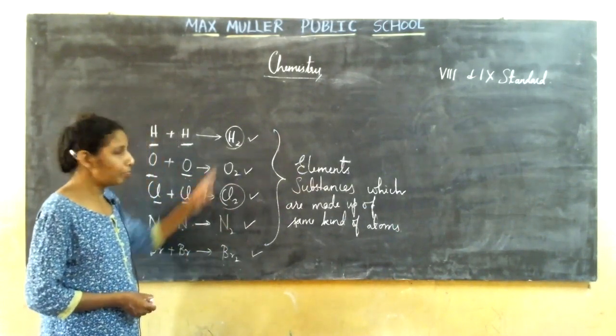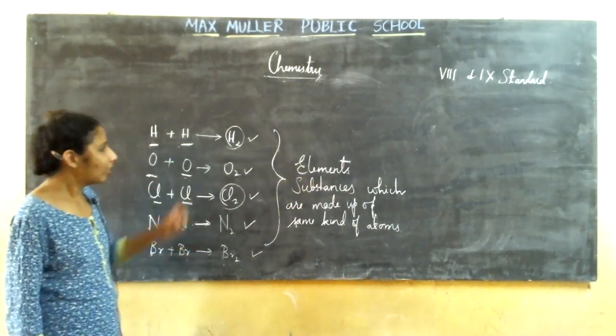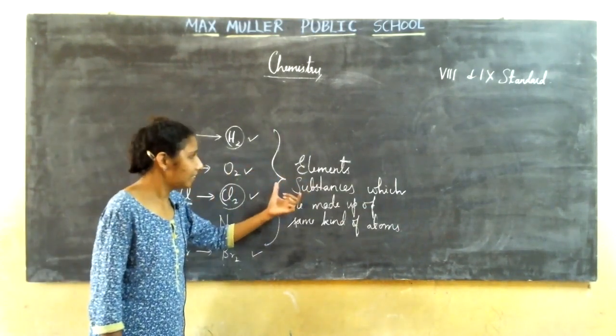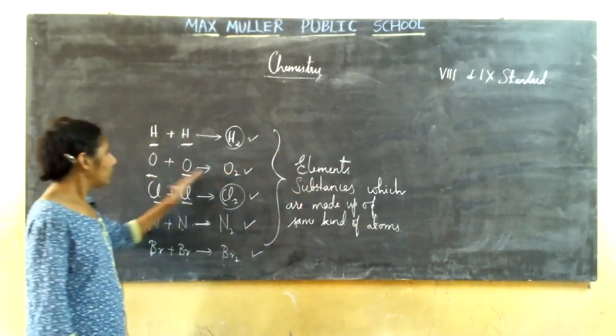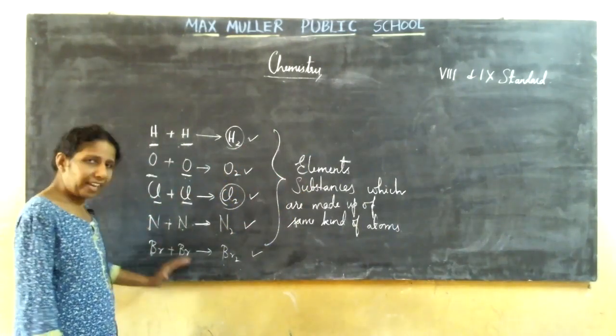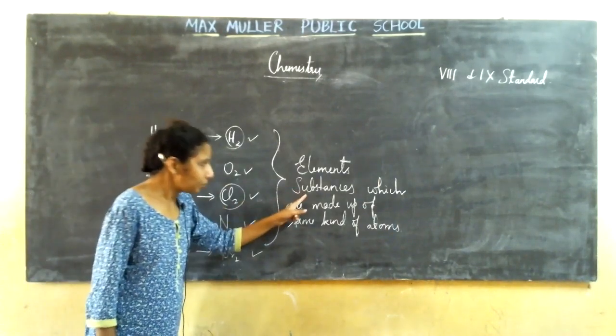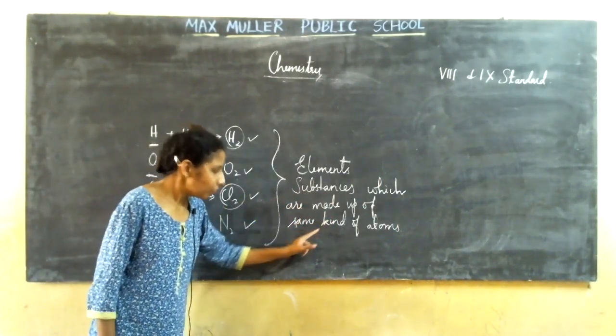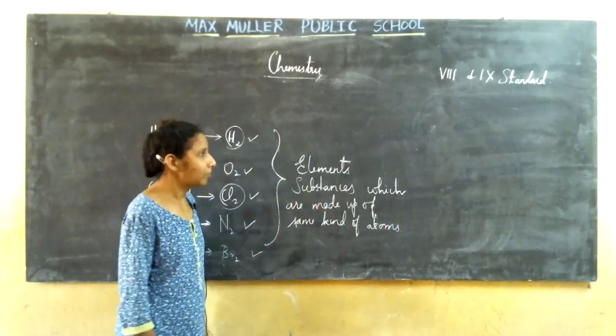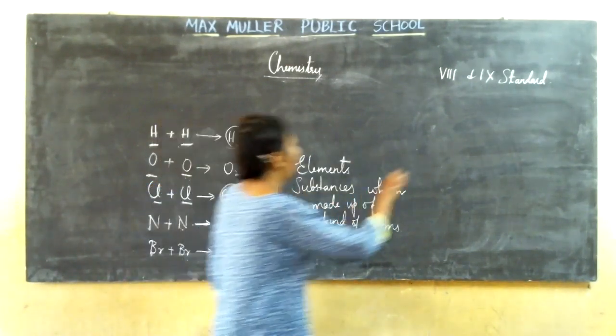They all are examples of elements. So what are elements? Elements are the substances which are made up of the same kinds of atoms. Did you people understand? Once again I repeat, elements are the substances which are made up of the same kinds of atoms.